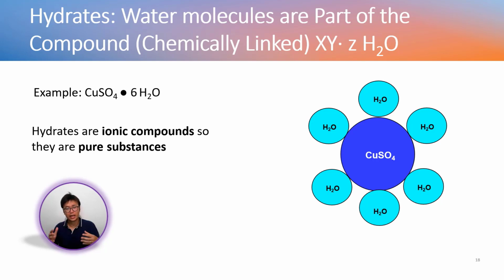What it's telling you is that the ionic compound we're looking at, copper sulfate, has 6 water molecules chemically bonded to it. So it's actually a whole single unit. Do we still consider it an ionic compound? Yes, we still consider that an ionic compound. And also, yes, we consider that a pure substance.